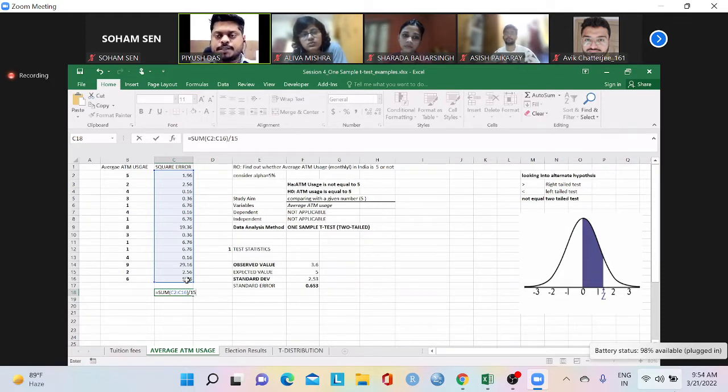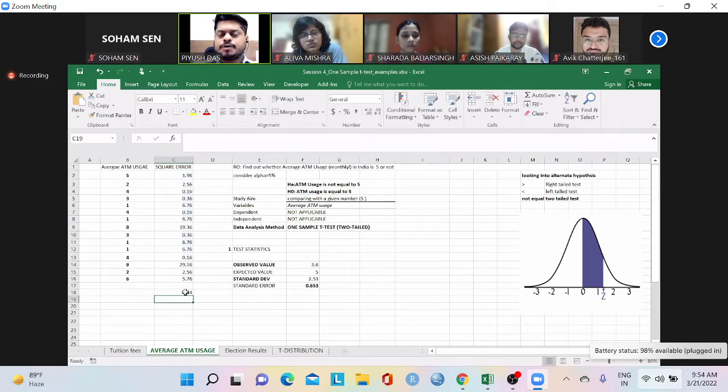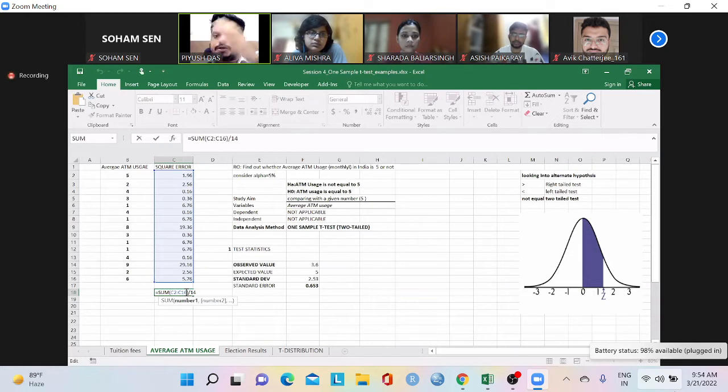If your sample size is n, we divide by n minus 1. So rather than 15, we'll be dividing by 14, right? That becomes your total average square of errors. Whether I'm sample size, I'm reducing by 1 because I'm calculating it for a sample, right?